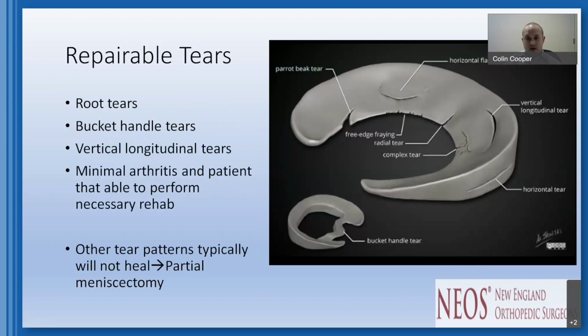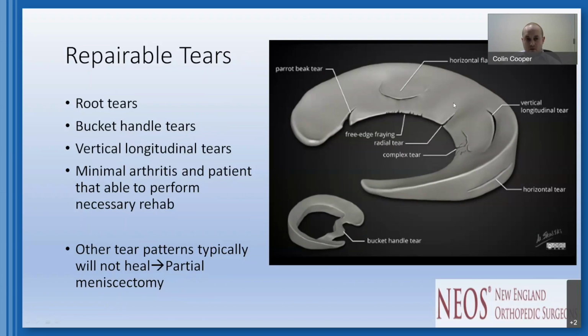So certain tear patterns we can fix. Those include the root tears, and some bucket handle tears where the meniscus is flipped into the notch and we can push it back into a more anatomic position. Certain tear patterns, known as vertical longitudinal tears, we can fix when they're located at the outside portion of the knee, as this portion of the meniscus has a good blood supply and healing potential.